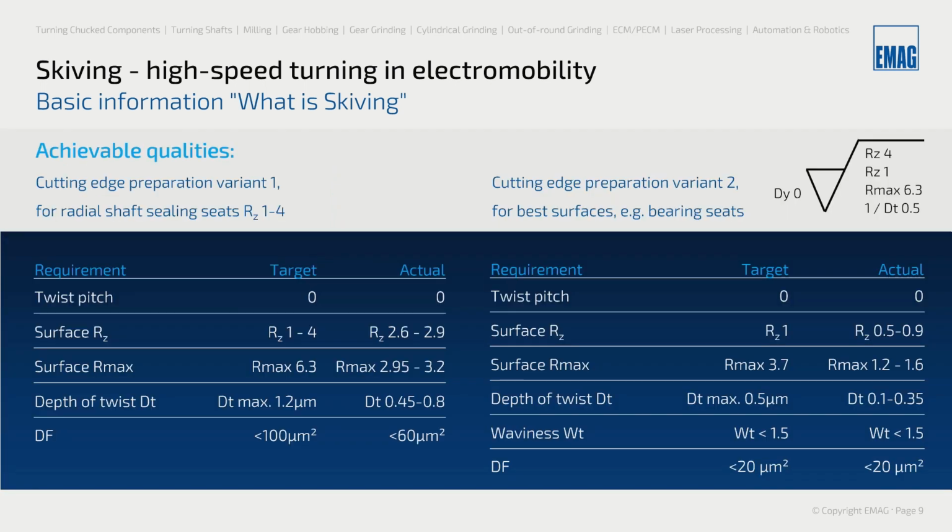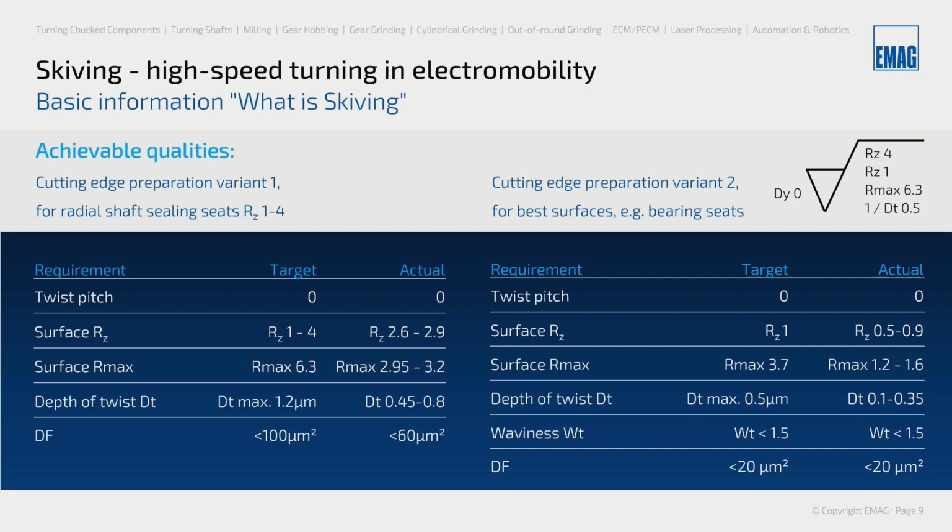Okay, sorry. So, what are the achievable qualities with the skiving process? We have here two different sections. The left one is for RZ 1 to 4, and the right one is for RZ better than 1. What's the reason? Normally, if you grind the skiving insert, the surface quality of the insert is better than RZ 1.